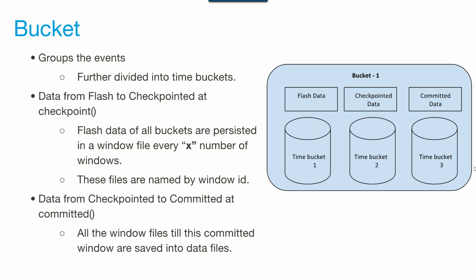At every checkpoint, the data moves from flash to checkpointed. At the same time, all the buckets are persisted in a window file at every X number of windows. By default, the X value is the checkpoint window count, that is 60 streaming windows.